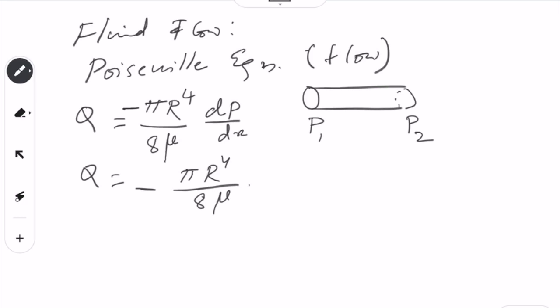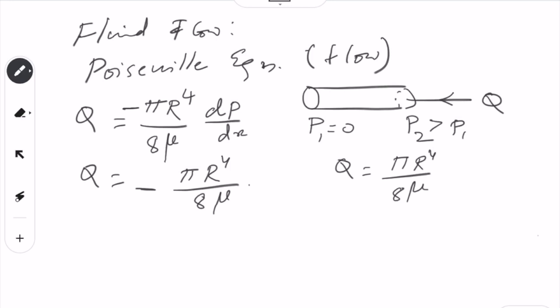Let's say P1 equal to 0 and P2 is greater than P1. Then Q will flow this way. You can then write Q in terms of P1 and P2: Q is equal to pi r^4 divided by 8 mu, multiplied by P2 minus P1.